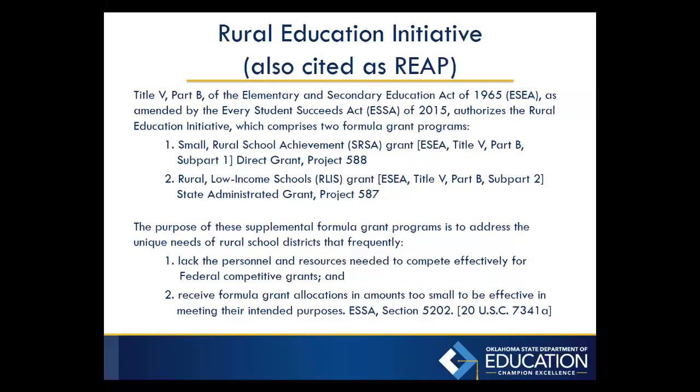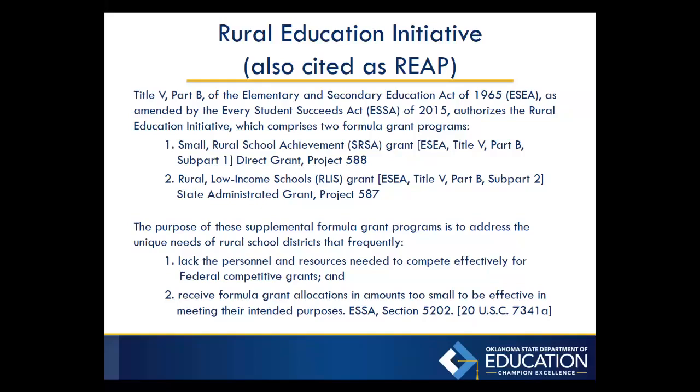We have the Small Rural School Achievement, SRSA grant, under Title V, Part B, Subpart 1. It's the direct grant from USDE under Project 588. And then we have the Rural Low-Income Schools Grant, which is our focus this afternoon, Title V, Part B, Subpart 2. It's a state-administered grant under Project Code 587.